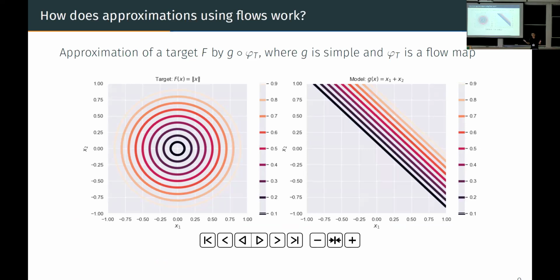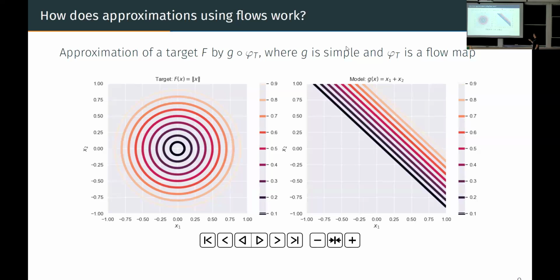Now we have an idealized residual network as some sort of flow. You may ask, how does a flow actually approximate functions? How should we understand its role? So here I give a very simple example where your target function f is a norm function. These are the level sets, circular. And now I have a very simple function that's certainly not a good approximation, which is g. This is just a linear function.